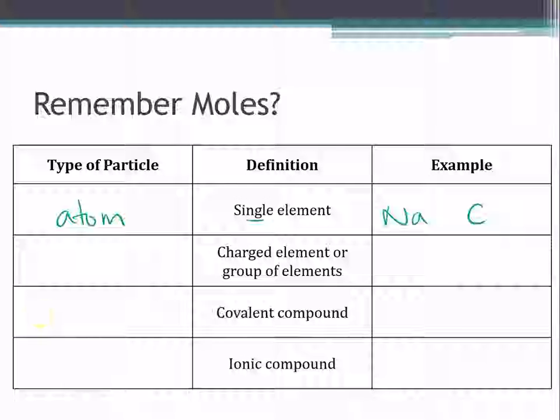So since the first time we talked about moles, we've learned about ions, which are charged elements like Na+, or a charged group of elements like nitrate, NO3-. Those are both ions, those are both particles.